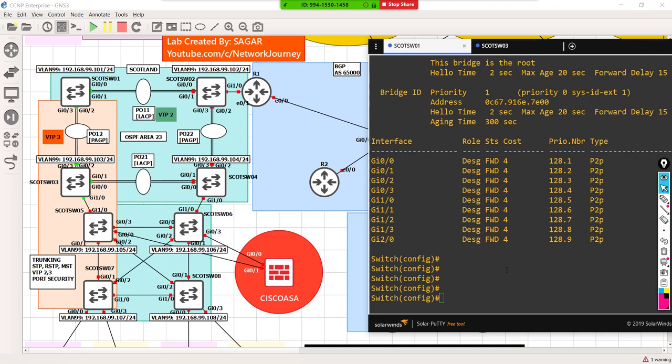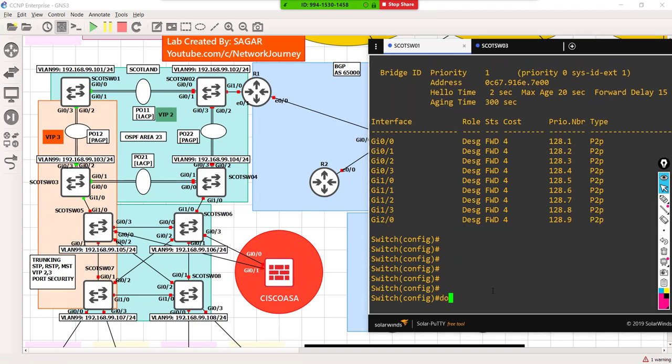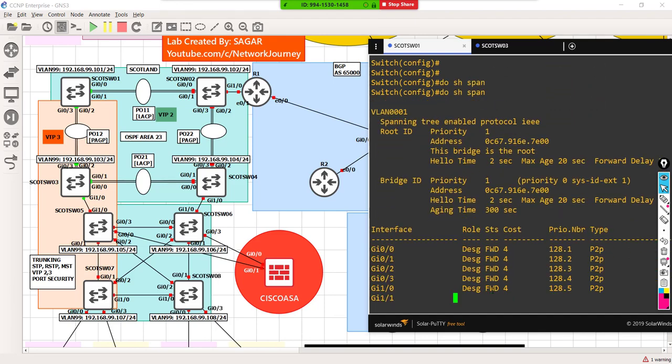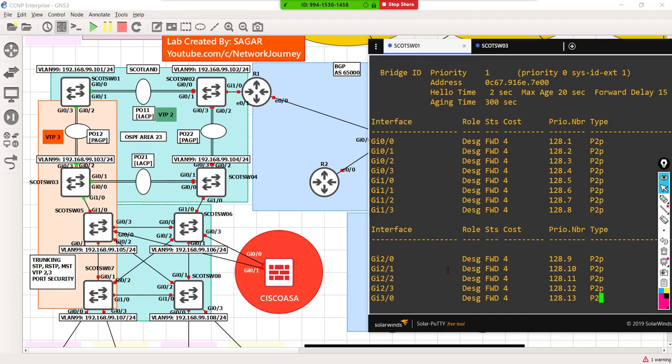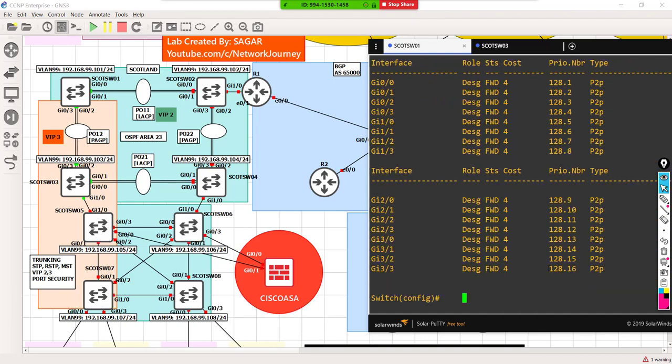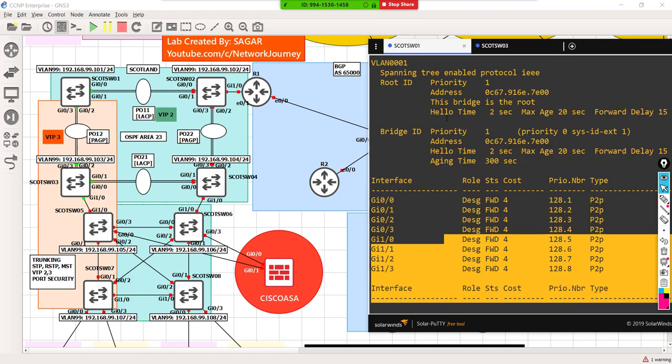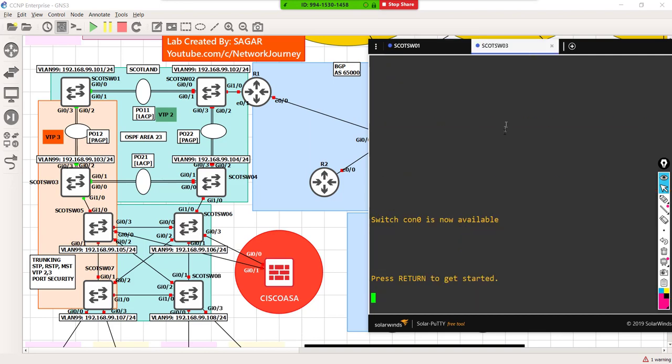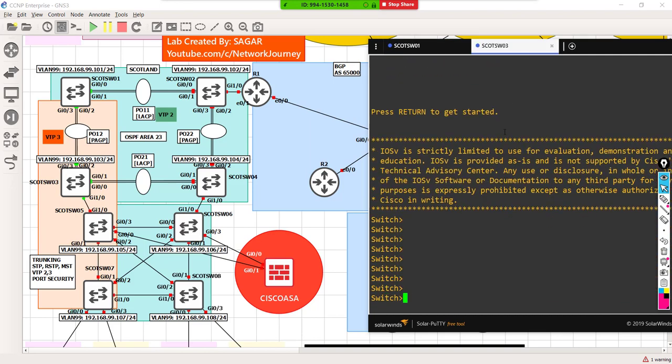From switch number 1's point of view, if I do show spanning-tree, all will be up because that is the behavior of a root bridge. They are always designated with the forwarding status. But switch number 3 has to decide now among these two interfaces which is going to be forwarding and which is going to be blocking.